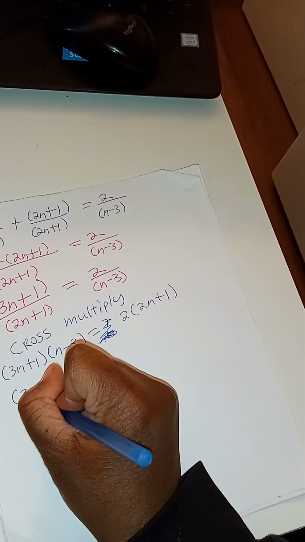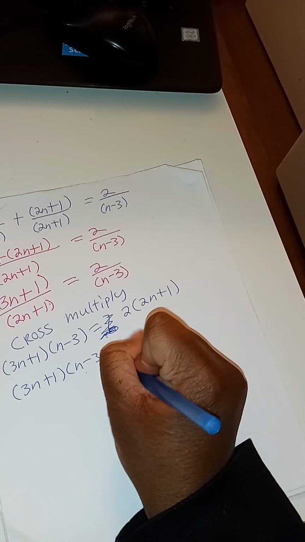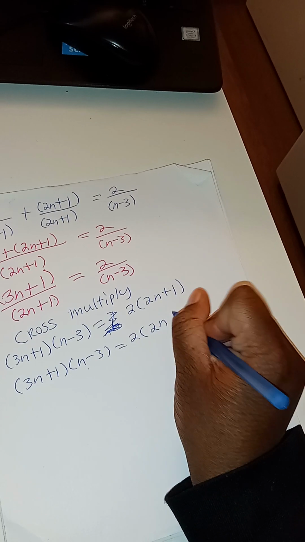So let's rewrite this. 3n plus 1 times n minus 3 is equal to 2 times 2n plus 1.